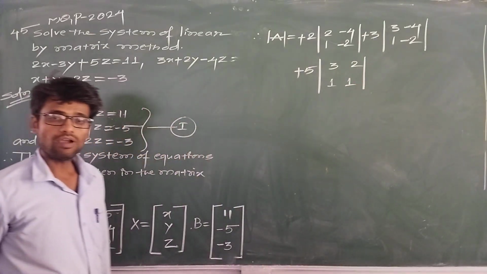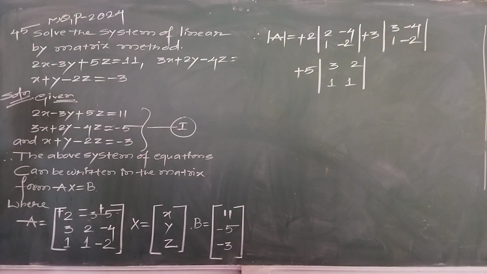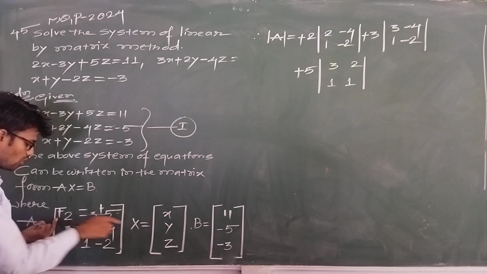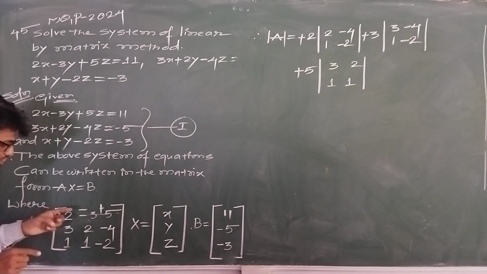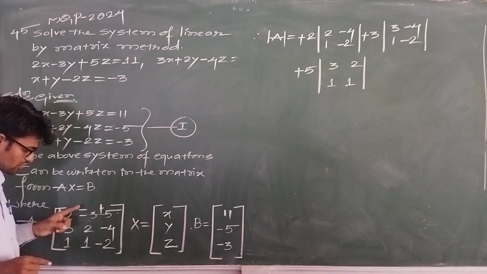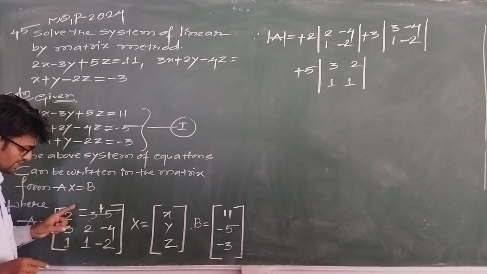While finding the determinant of A, you first take plus 2 outside, into the minor of 2. The minor of 2 is obtained by deleting this row and this column. Next, minus into minus is plus, so you must write the minus symbol here.